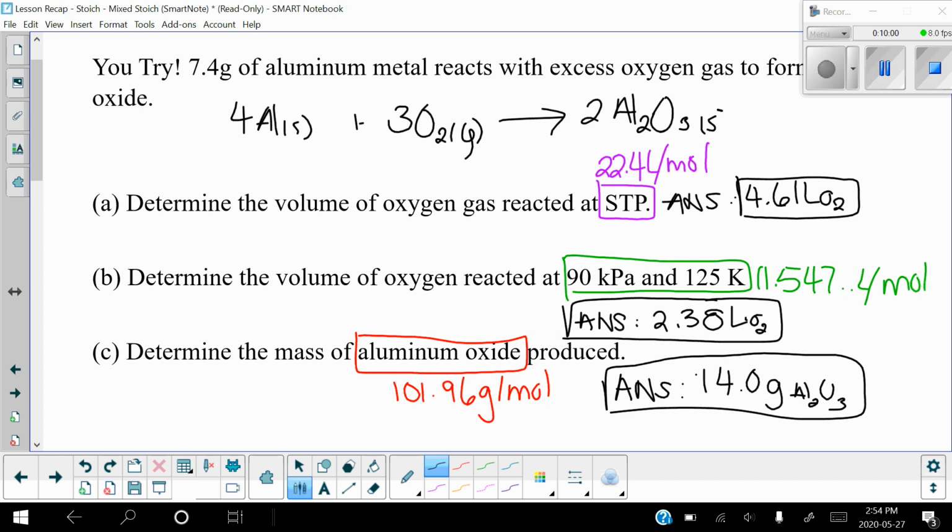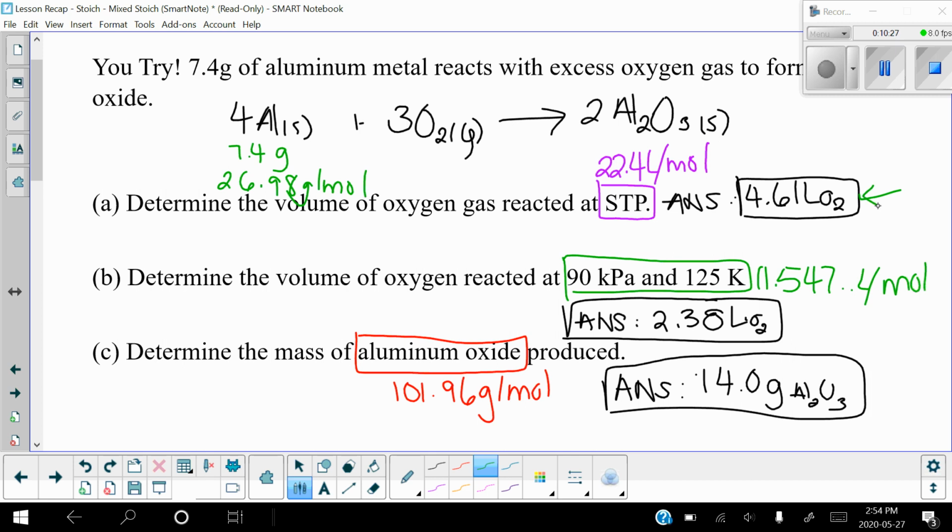Yes. Okay, from there you list your known, which is 7.4 grams. And for this, you will be using the molar mass of aluminum to convert this into initial moles. For A, you will be using STP molar volume to find your liters of oxygen, which should be 4.61 liters.